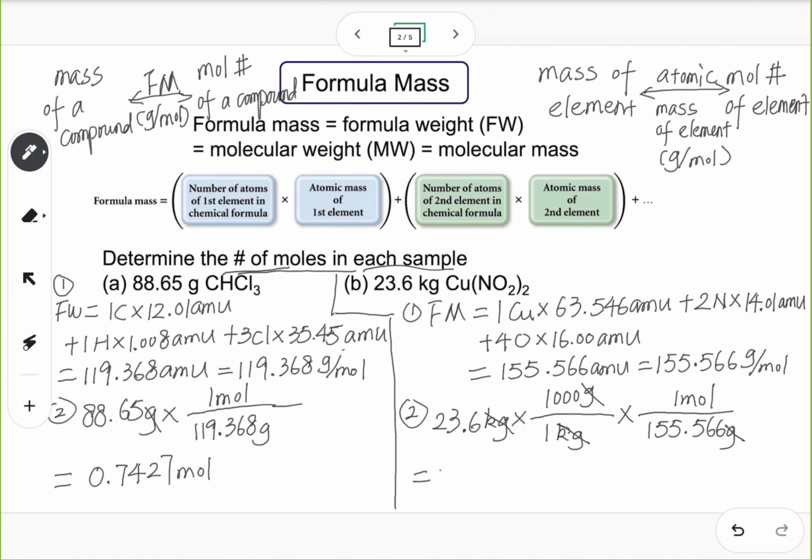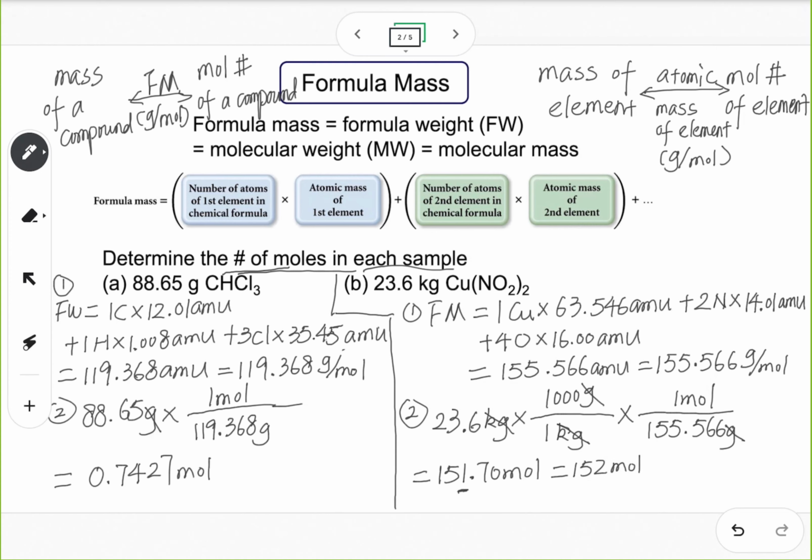If you do the calculation, it's 151.60 mole. Now let's consider significant figures, because this one has 3 significant figures. We should have 3 significant figures for the final answer, and if you drop the tail, you will get 152 mole.